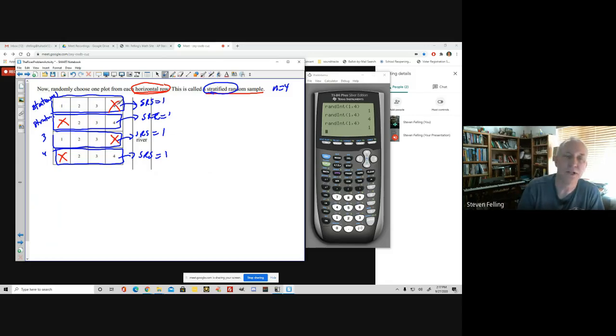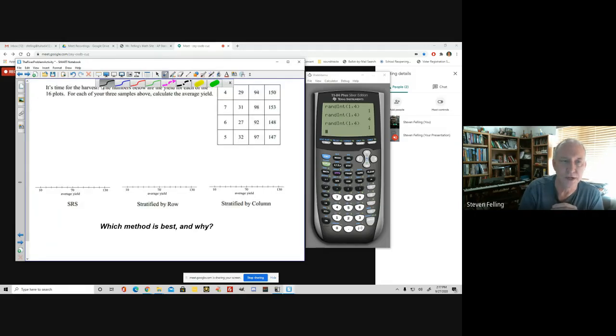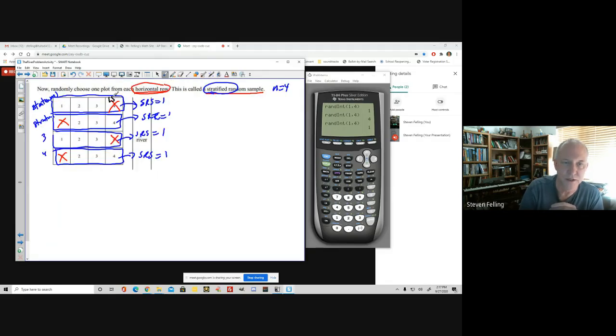Then I would go back to that master list and see what the actual results were. Let me write that with a different color here. Let's say I had 4 here. That was 150, 7, 148, and 5. So now the average is 150 plus 7 plus 148 plus 5 over 4.